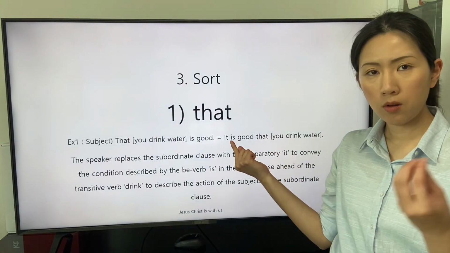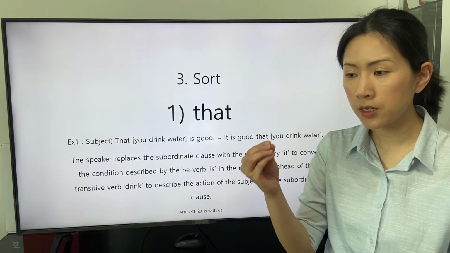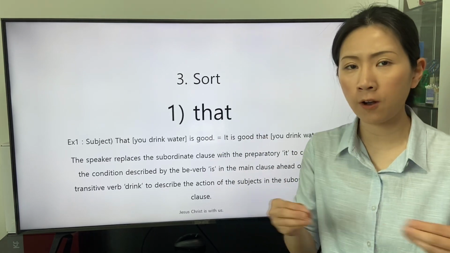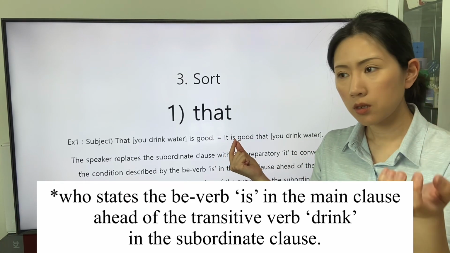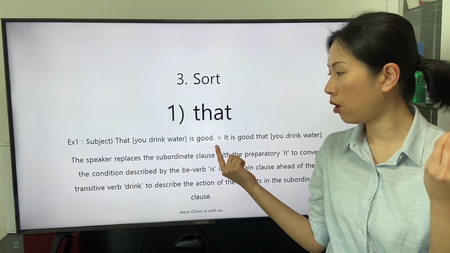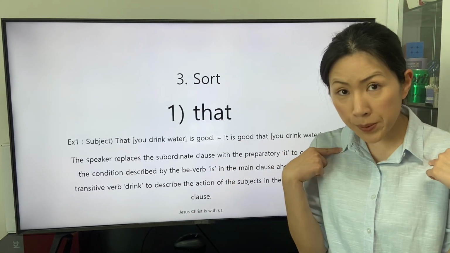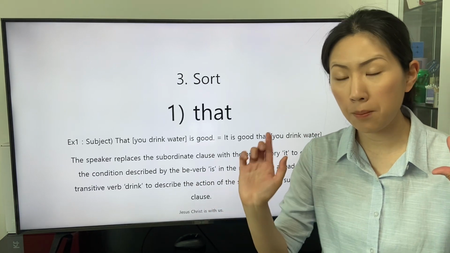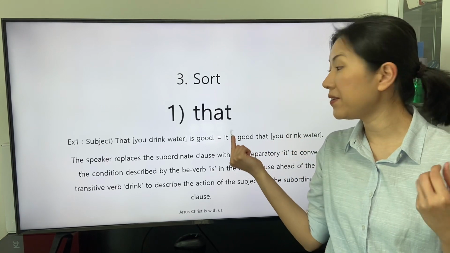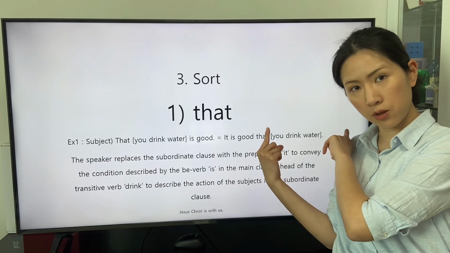The preparatory it is applied to reveal the intention of the speaker. The be verb is included in the main clause. The speaker conveys the main intention with the main clause. So the speaker intends the be verb is stated ahead of the transitive verb drink in the subordinate clause.